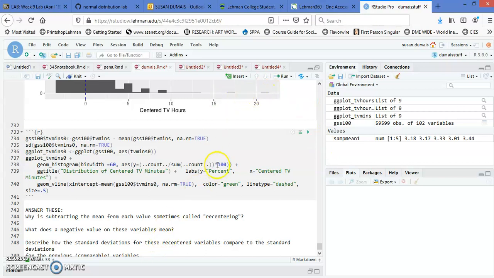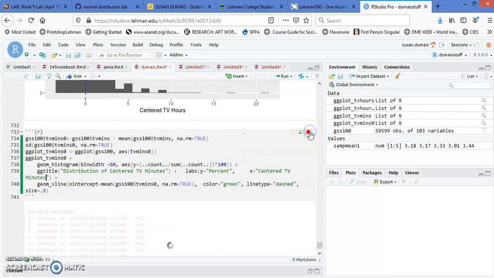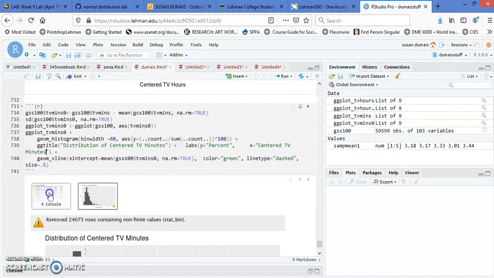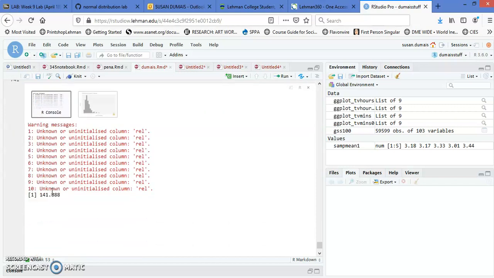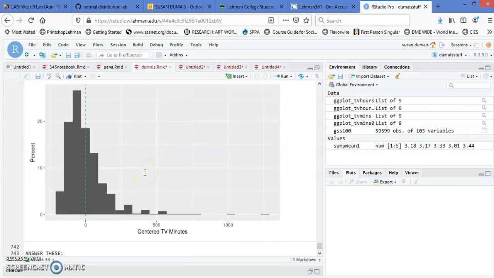And let's run this, see what we get. We got a standard deviation of 141.888. And we have our histogram.